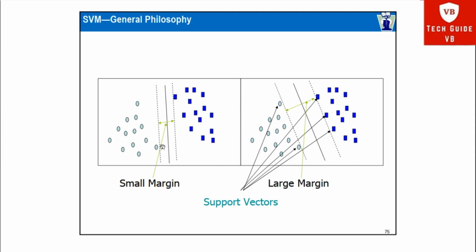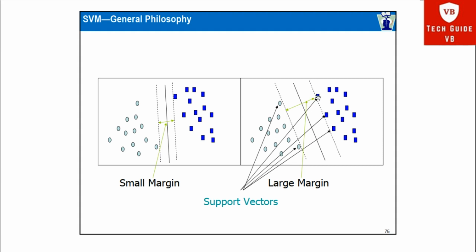Similarly, in this class, due to the margin maximization, error is minimized. So these are support vectors, and this is the margin taken here. This is the large margin where the support vectors have greater distance.